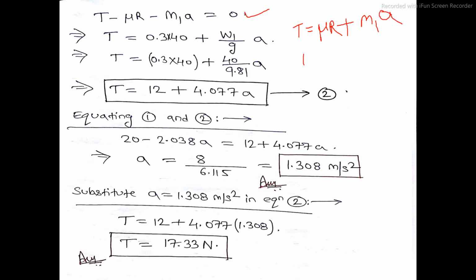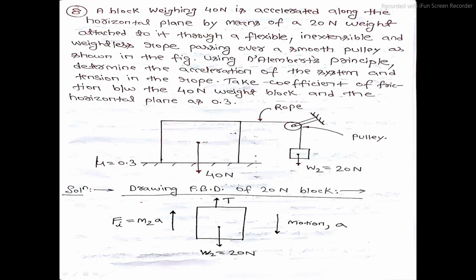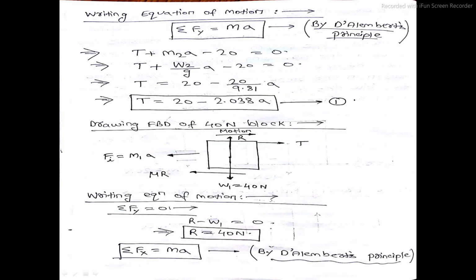Or you can write T is equal to mu, the coefficient of friction given in the problem, that is 0.3. Substitute 0.3 into the reaction force R. Just now we have calculated the reaction force R, which is 40 Newton.